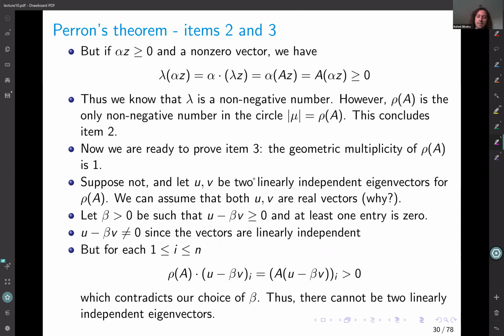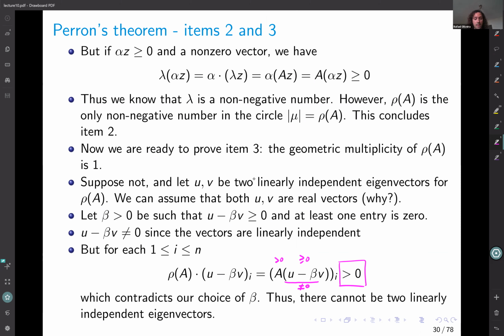But remember, this guy is strictly positive, because I'm multiplying a positive matrix by a non-negative vector. So this is a non-negative vector, and this is a positive matrix. So I'm always going to get a positive number. And this is non-zero, by the same argument that we've been doing so far.